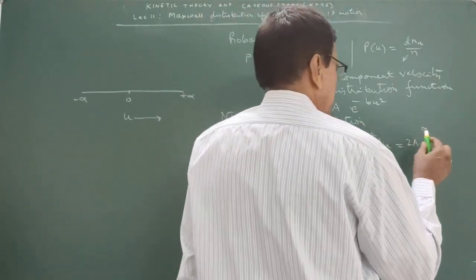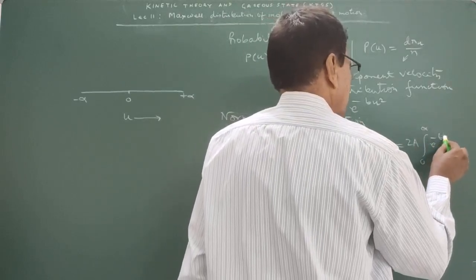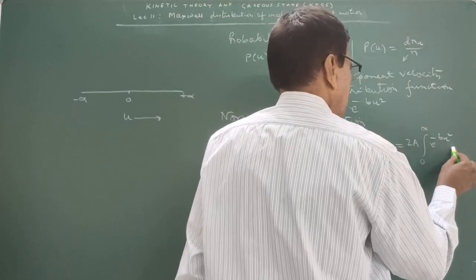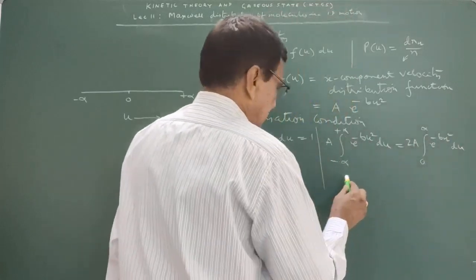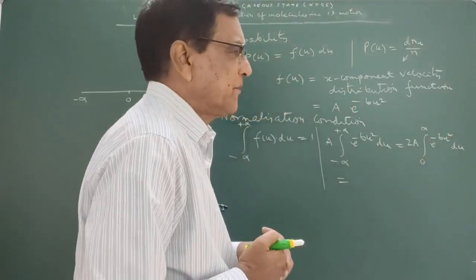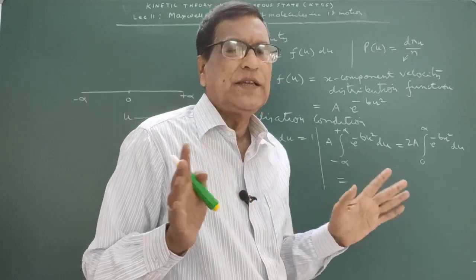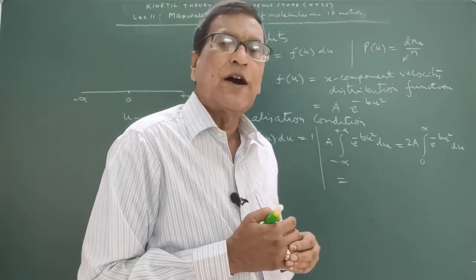So this integral of e to the power minus b u square du would be evaluated by the use of the gamma function.